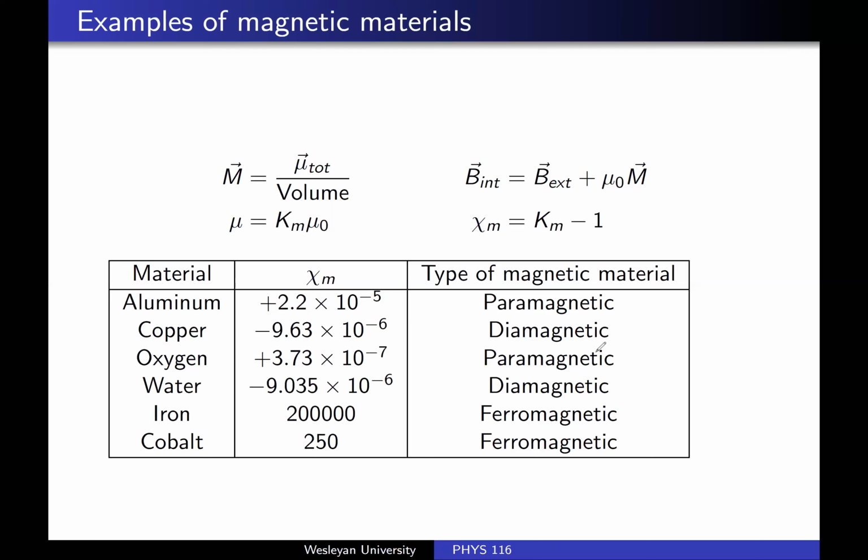If you have liquid oxygen, for example, it will gather between the poles of a magnet. But water, surprisingly, has a negative chi M and it is diamagnetic. Iron, being ferromagnetic, of course, chi M is much greater than 1. It's 200,000 for iron. Cobalt, not quite as impressive, but still 250 is chi M, and it's also ferromagnetic.